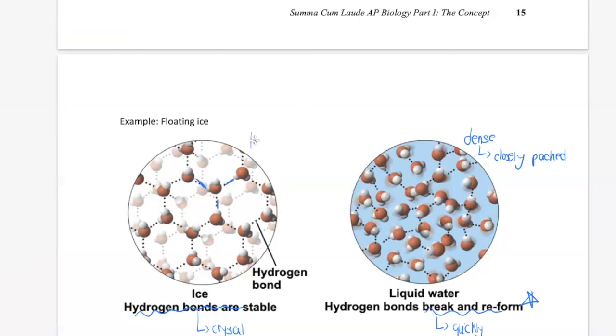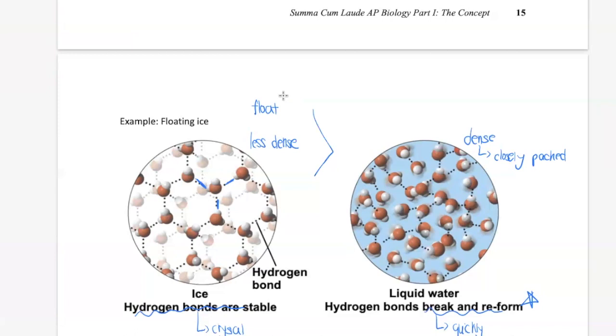So this makes the ice less dense compared to the liquid form of water, so the ice floats. To summarize, in liquid form, hydrogen bonds are breaking and reforming due to the high polarity of water molecules, so they're closely packed, really packed and dense.